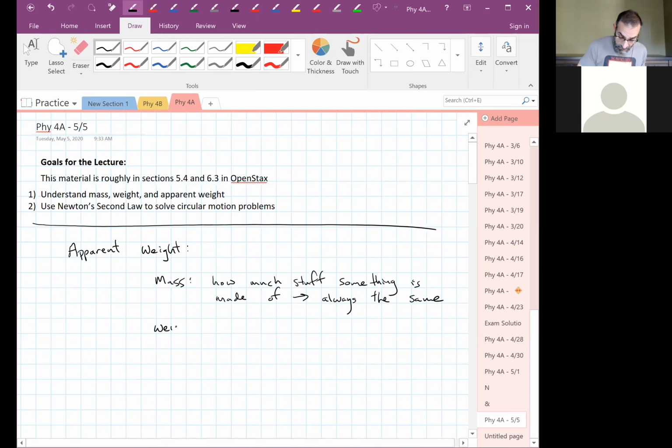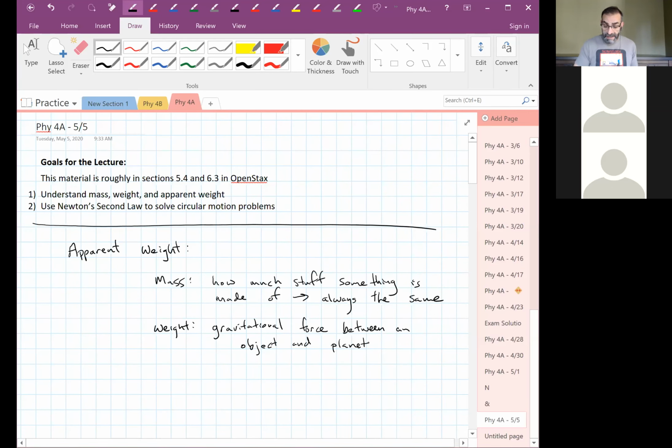Weight is a force, and it's a gravitational force between an object and a planet or moon. And that can change, right? Obviously, if you weigh something on the Earth, then weigh it on the moon, it weighs much less on the moon because the moon is not as massive.